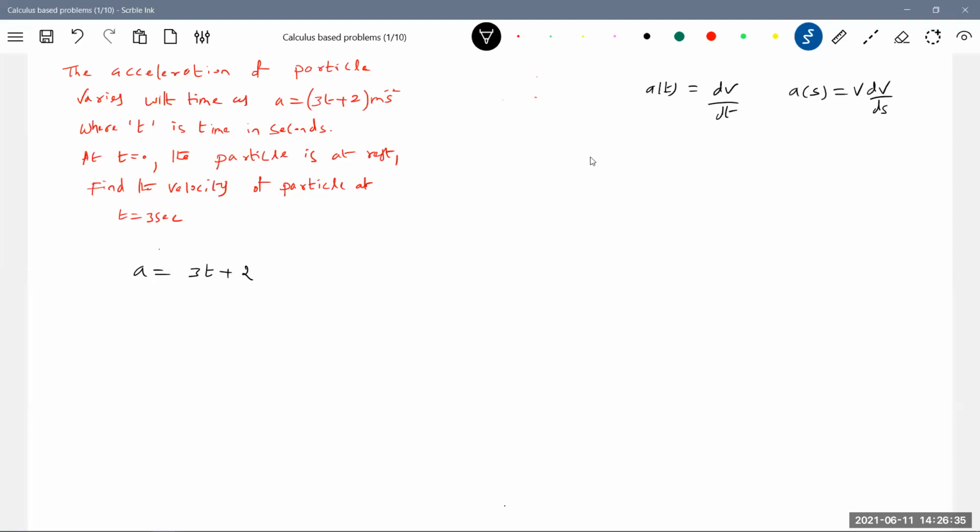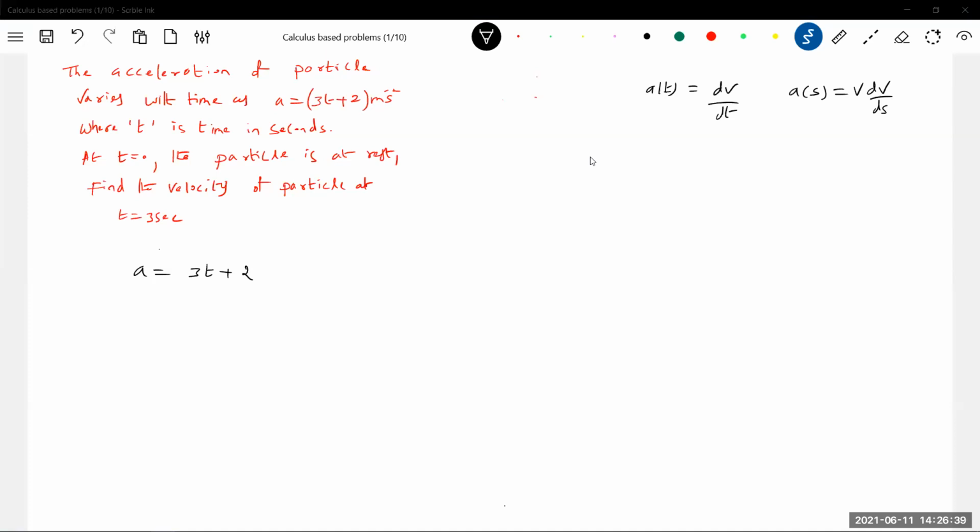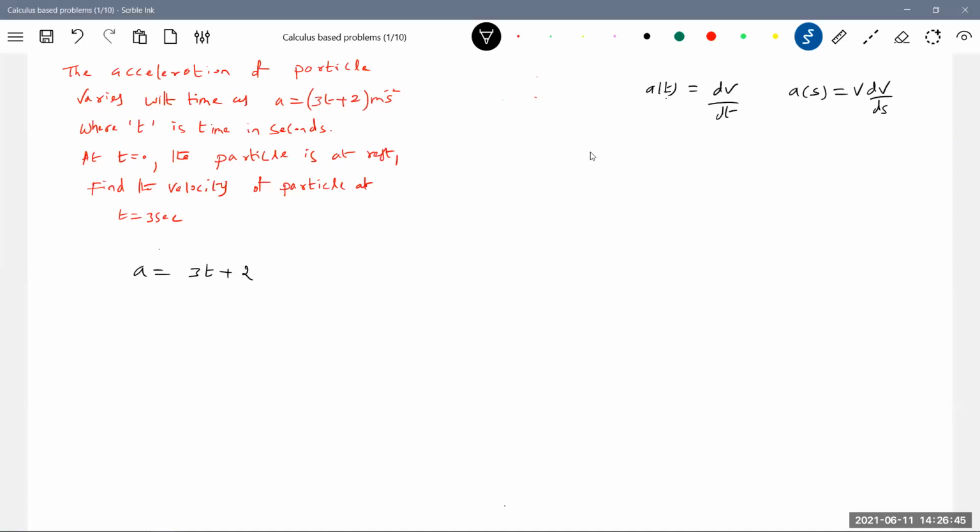I think this much is what you have to learn, nothing new. Okay, Surohita, Vishal, fine. If acceleration is a function of position, then express acceleration as v dv by ds.